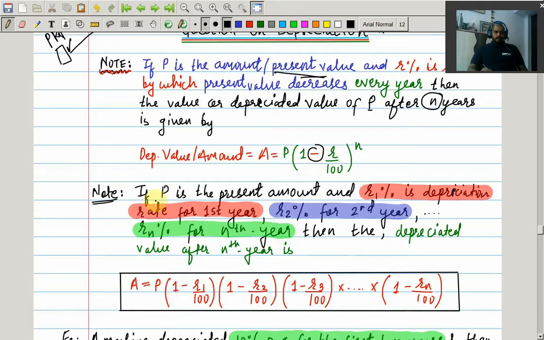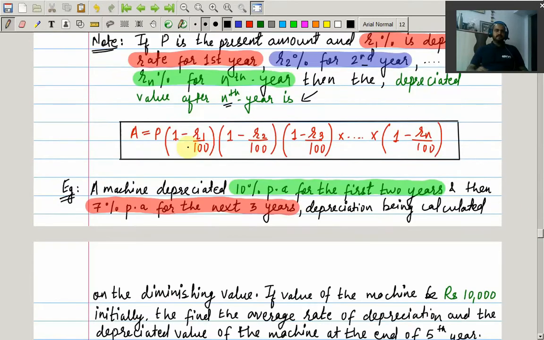We have one more note. If p is the present amount and r1% is the depreciation rate for the first year and r2 is the rate of depreciation for the second year, similarly rn is the depreciation rate for the last nth year, then the depreciated value after nth year is given by this.